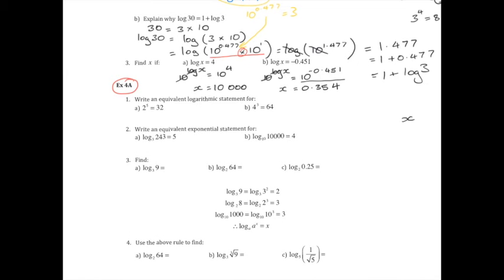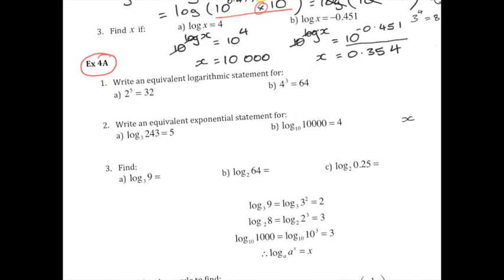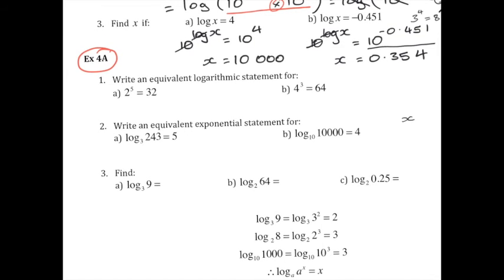Okay, so write an equivalent logarithmic statement for 2 to the 5 equals 32. Now remember, girls, I think of it this way. The log always equals the power. So I put the 5 over here. The base stays as the base of the log.